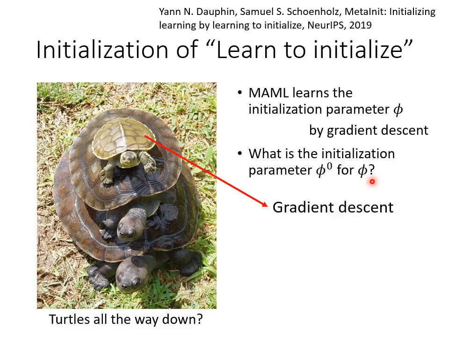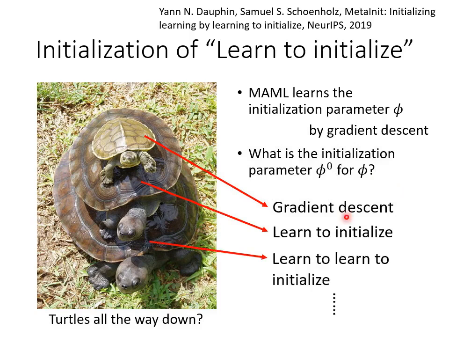In gradient descent, we need initialization. So now we have MAML, which can learn to initialize. However, MAML still needs initialization. So probably in the future, we need to learn to initialize the initialization, and it will be endless. I think this issue is not completely addressed yet.